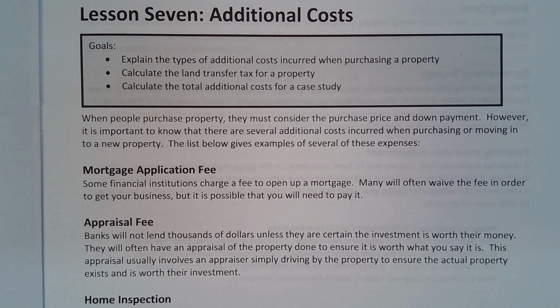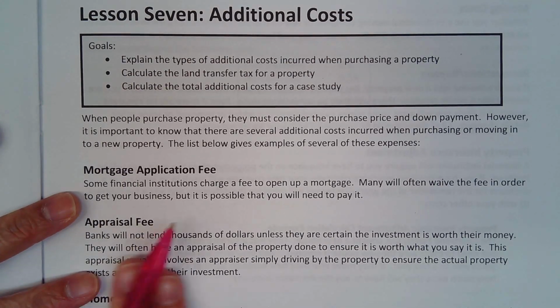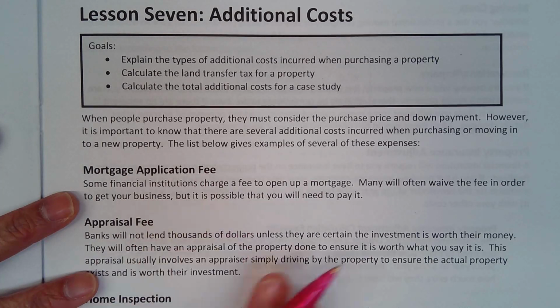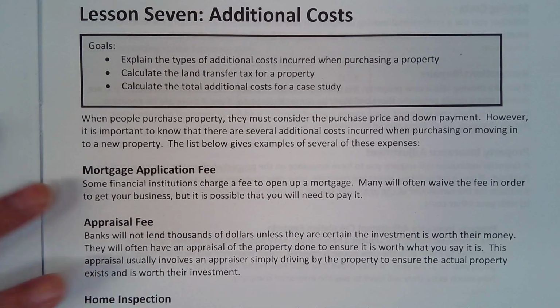Okay, so here's our goal. A lot of this is reading first, so understanding what these costs are, and then we'll do a little bit of the math in this unit.